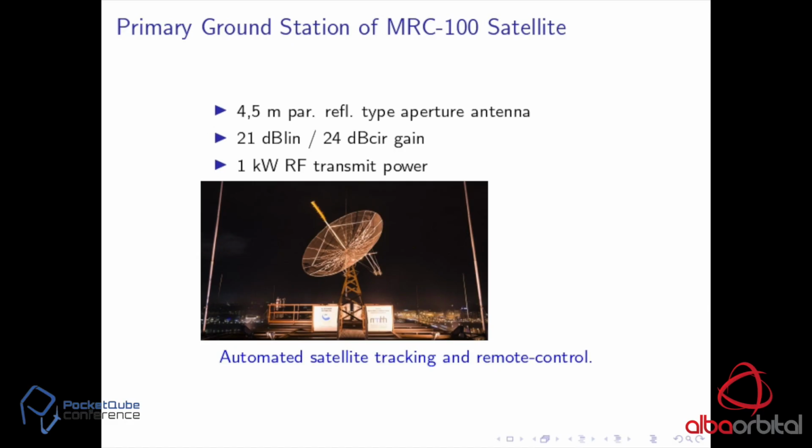So the ground station: we had the main ground station for MRC 100. This is a 4.5 meter parabolic reflector type aperture antenna. This antenna had 21 dB gain in linear and 24 dB in circular polarization. Also, the maximum transmit power is 1 kilowatt.